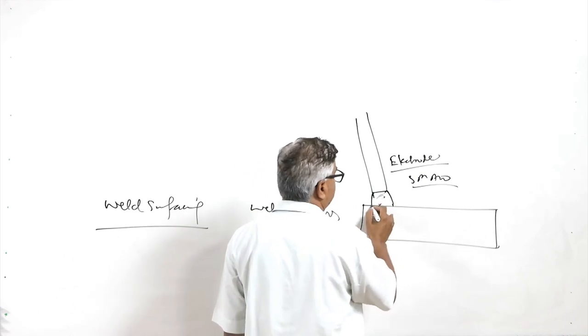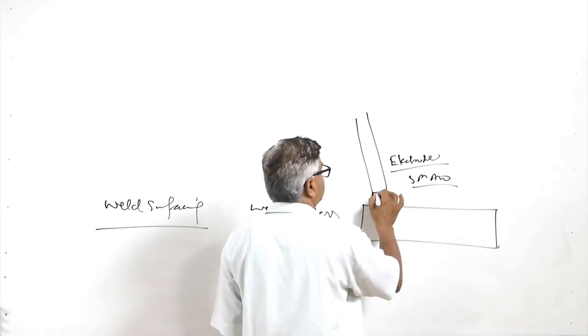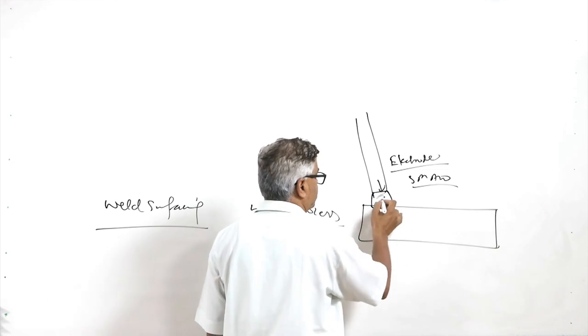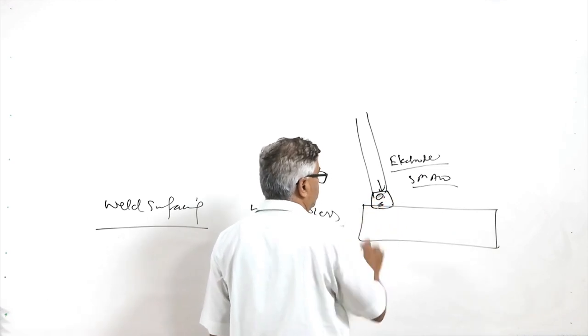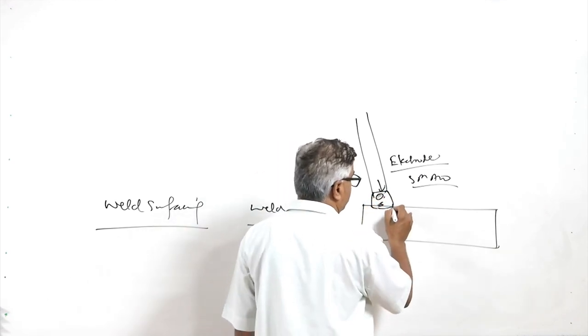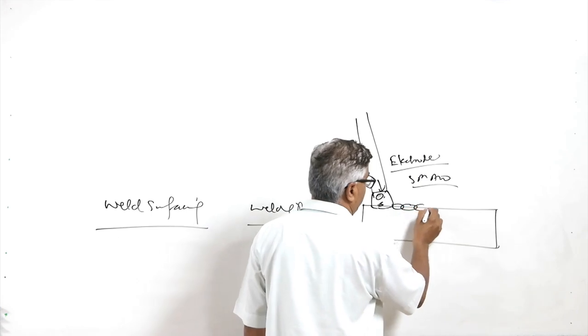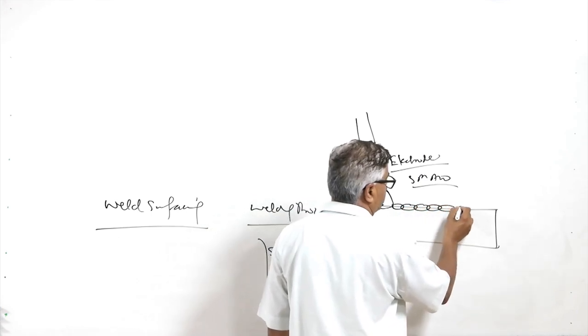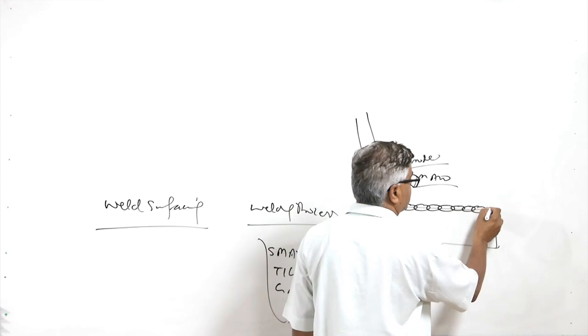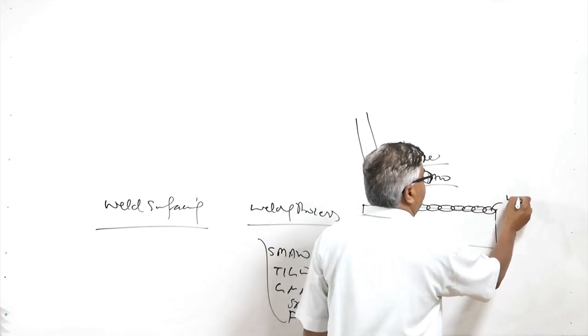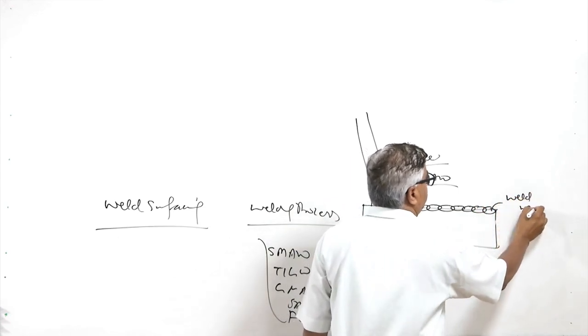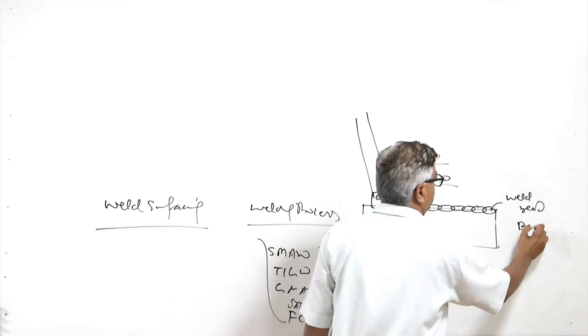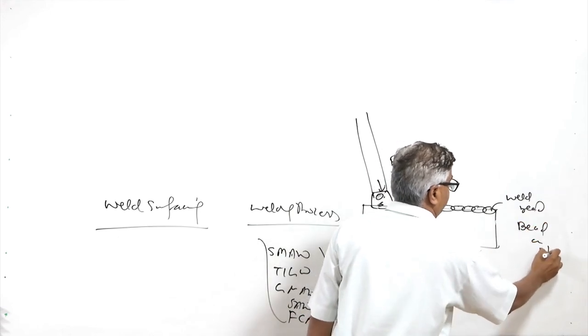The heat generated melts the base metal as well as the electrode tip. So the material gets transferred to the base, and this is how a bead is generated like this over the surface of the substrate. This kind of bead is called a weld bead or bead on plate.